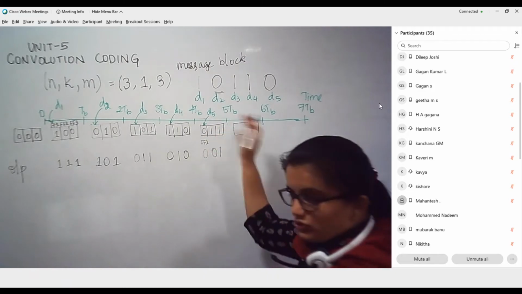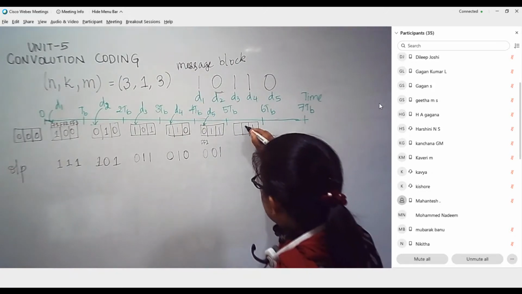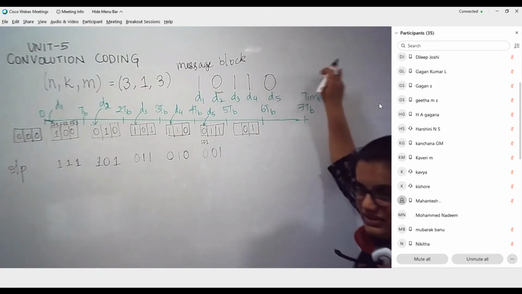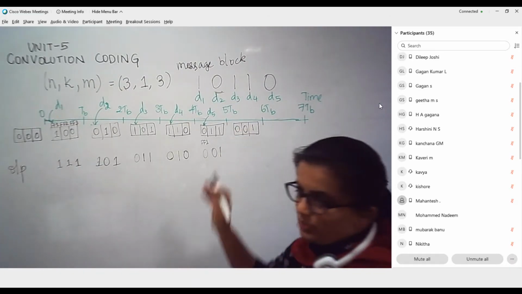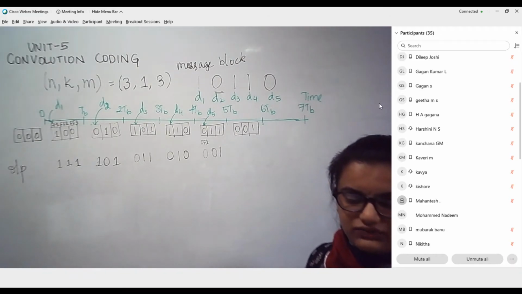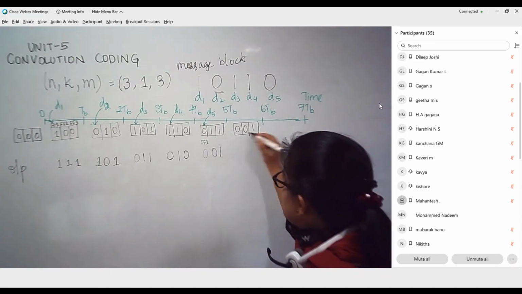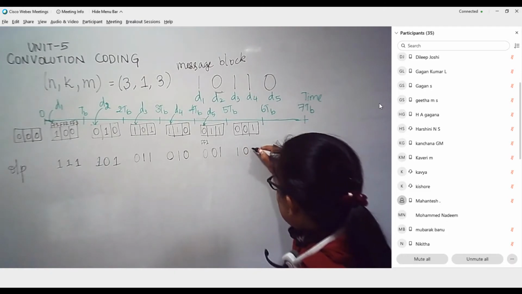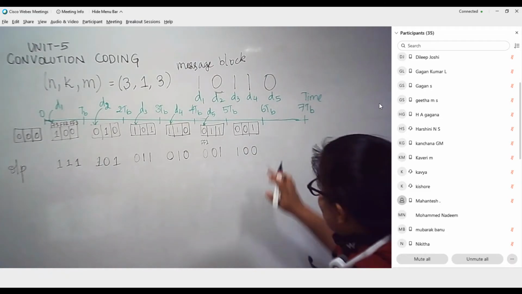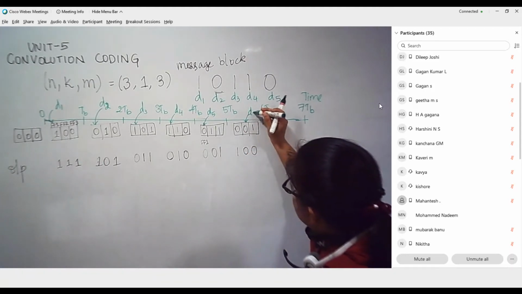So what will happen in the next clock cycle? Now everything gets pushed to the right again. So this bit gets out. The second bit will come to the extreme right. Then 0. Since there are no other bits left in the message sequence, the first flip-flop gets filled by a 0. Now again you will get C1, C2, C3 for this. C1 is 1, C2 is 0, then C3 is also 0. Still D2 is present over here.